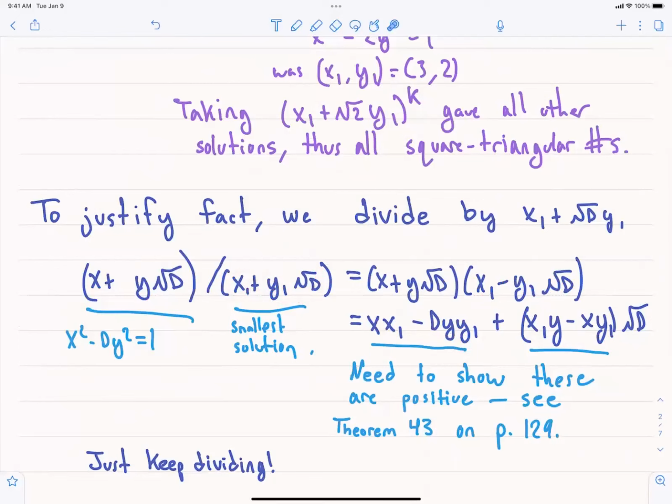So if you can show this thing you get is a positive integer, then you can keep on repeating this division, and eventually you'll get down to the smallest one. And then if you undo that, you'll see that the thing you started with had to be a power of the smallest solution.